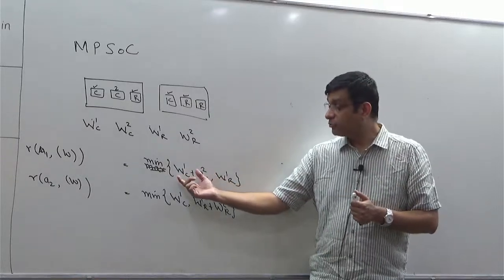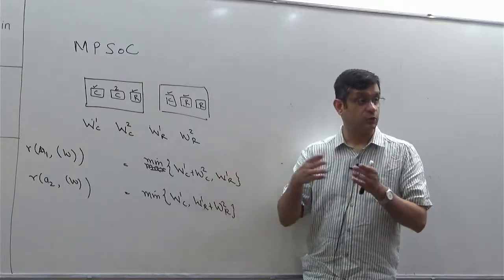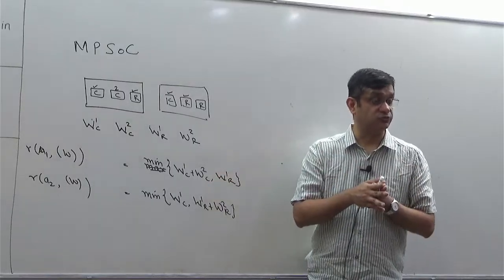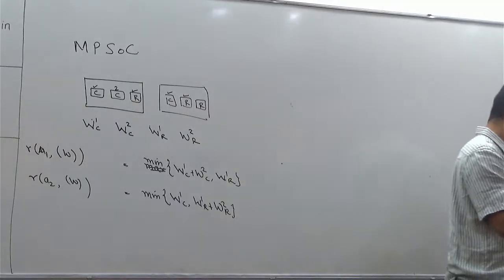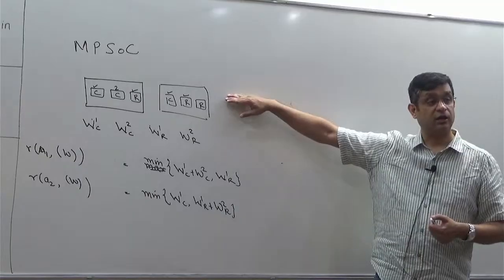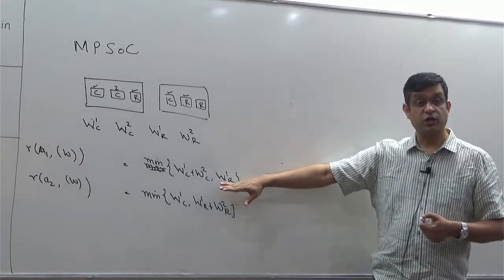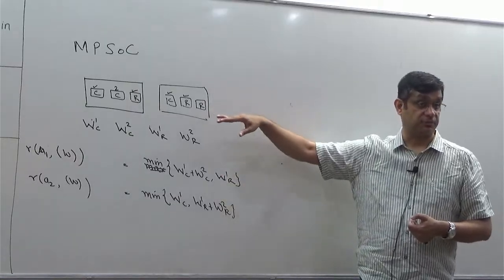So I'll have to say, given my true distribution of nature, which is some joint distribution over these 4 random variables, and my modeling assumption that these 4 random variables are independent random variables, what is the difference in the circuit lifetime that I get if I choose the solution corresponding to my approximate model in the real system.